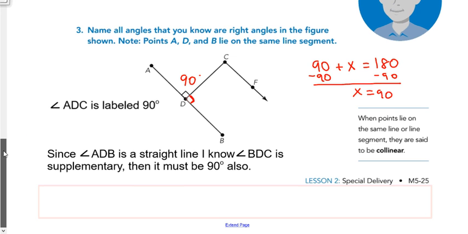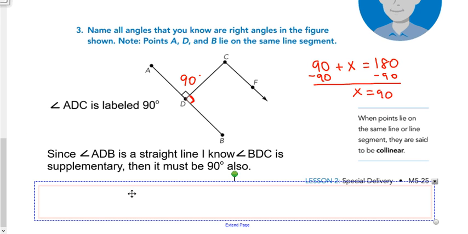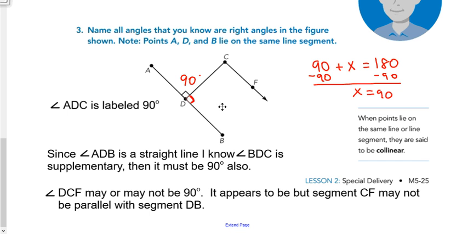Okay? And lastly, angle DCF may or may not be 90 degrees. Because it appears to be, just by looking at it, it looks like it's 90 degrees, but we can't really say for sure because the segment CF may not be parallel with segment DB.